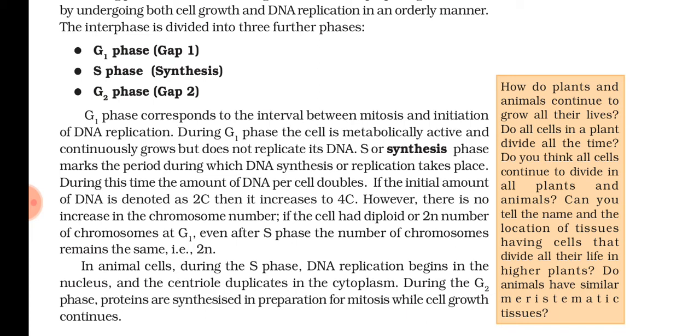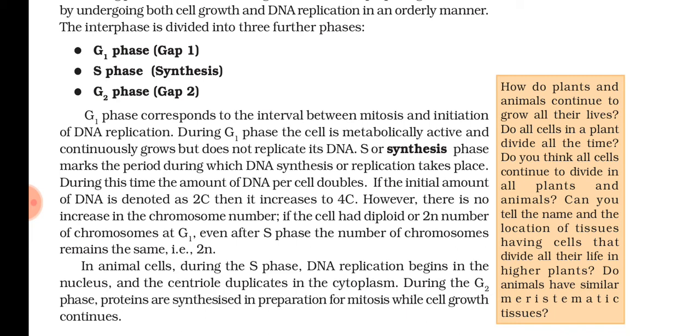So what do we mean by DNA replication? Where can you find the DNA? We have studied that chromatin material has DNA, proteins and some RNA. Where do you find chromatin material? In the nucleoplasm, isn't it? This chromatin material condenses to form chromosomes. Chemically, chromosomes are made up of DNA, protein and RNA.